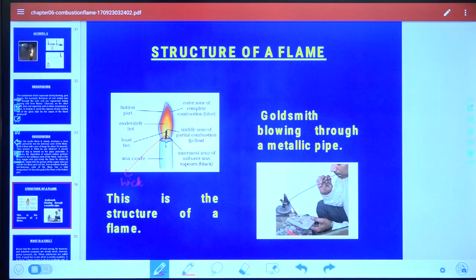In the outer zone, the blue flame is observed, which depicts that there is complete combustion. In the middle, there is partial combustion, so the yellow flame is observed, while the innermost part contains unburnt carbon particles and wax vapors, so it appears black in color.